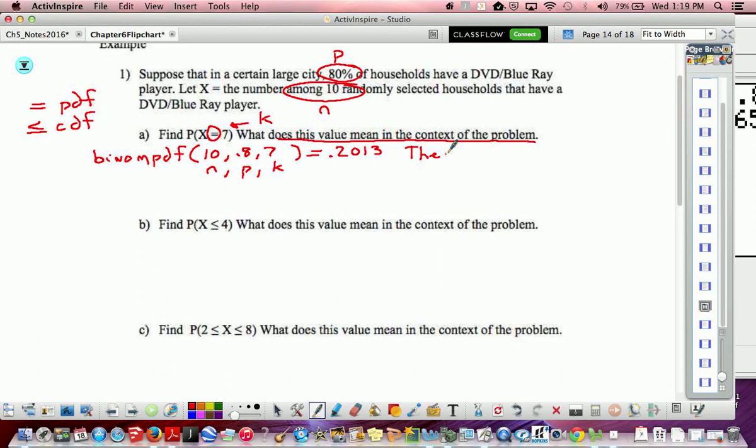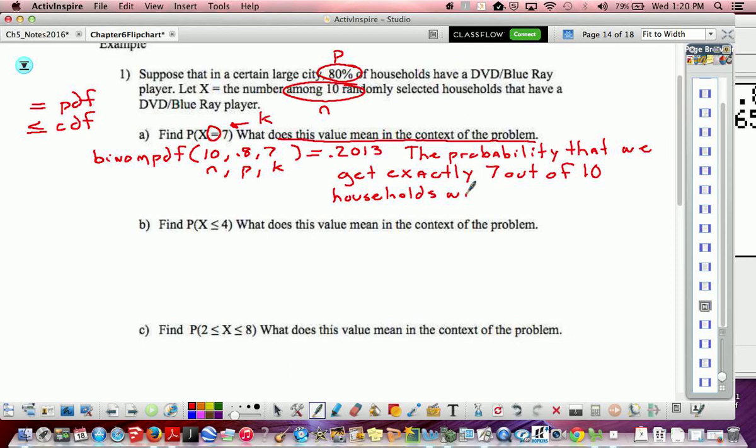So the probability that we get exactly 7 out of 10 households with a DVD Blu-ray player is 0.2013.